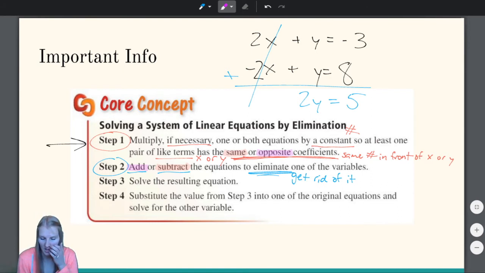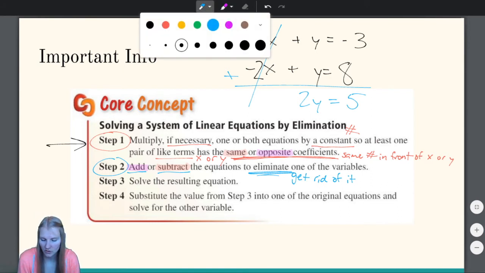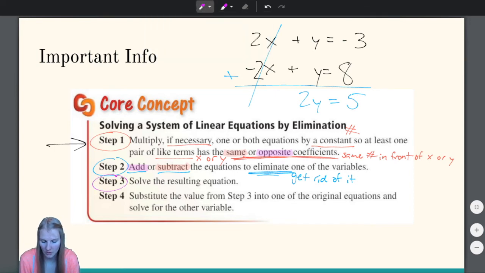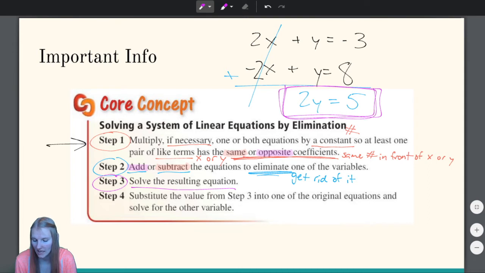So, step 3 is to solve the resulting equation. So solve whatever equation you get from multiplying by the number in step 1 and adding or subtracting in step 2. Solve that to get y by itself.